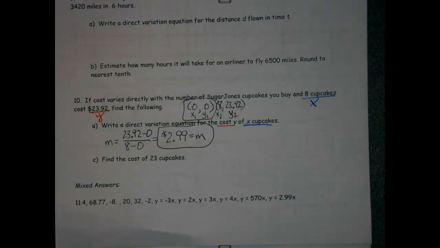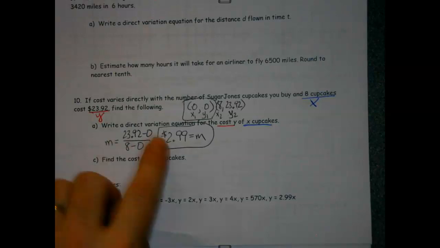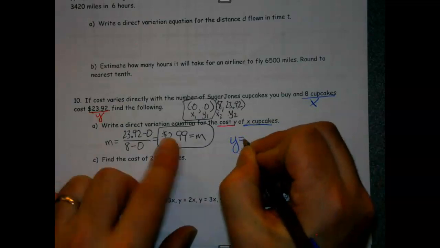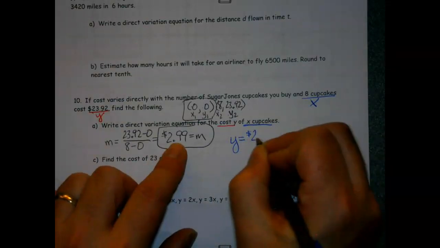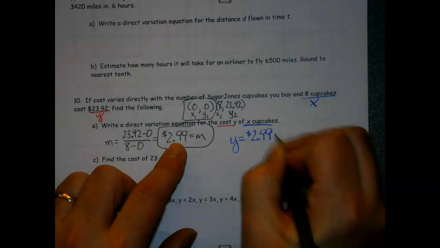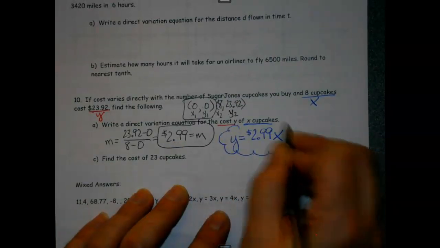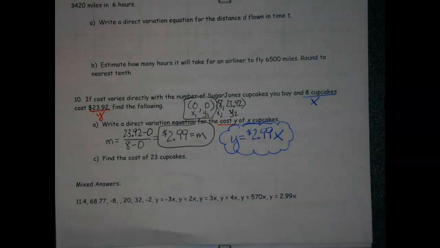Now, that's not all I need to do for letter A. Write the equation, remember, is going to be y equals my slope, x. That's the equation I want. The equation basically says, hey, every cupcake costs $2.99.